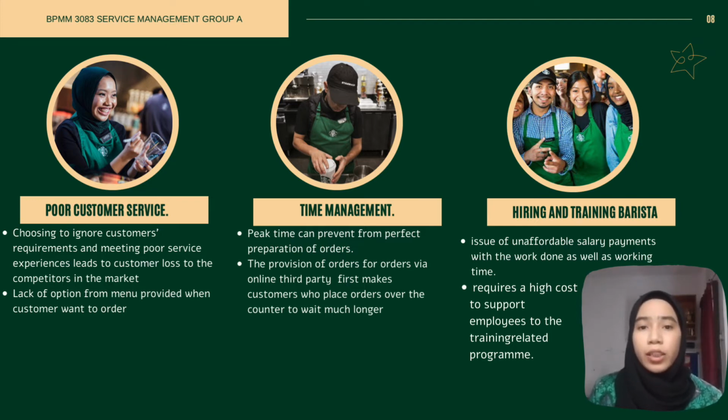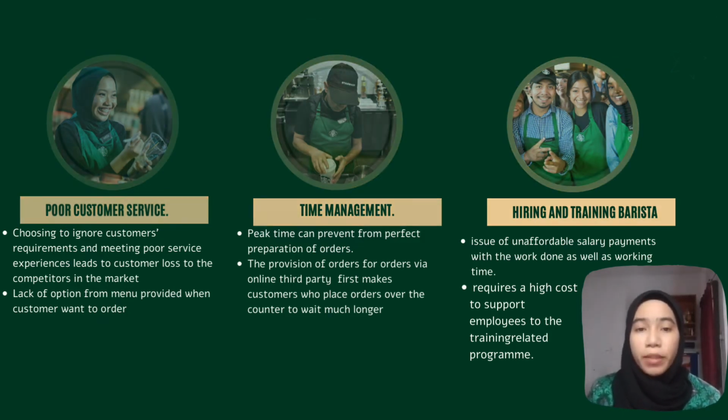Starbucks should be ready to accept this kind of challenge, so the customers don't have to wait long for just one order. Orders placed via online third parties such as Foodpanda, GrabFood, and others make the customers who place orders over the counter wait much longer than the scheduled time.